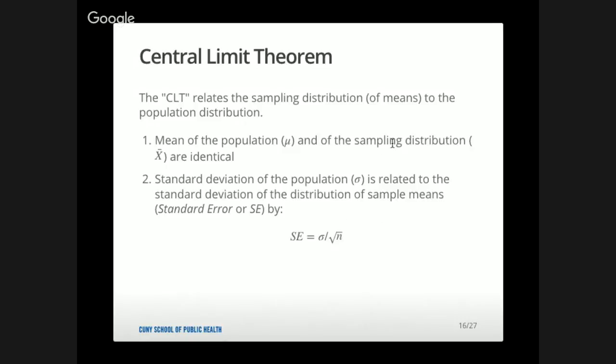So this formalizes that intuitive observation that we made earlier, that the variability of the sampling distribution was less, and also our intuition that groups of 3 might be more variable than groups of 1,000. That the larger your samples get, the less variability there will be among their average characteristics.